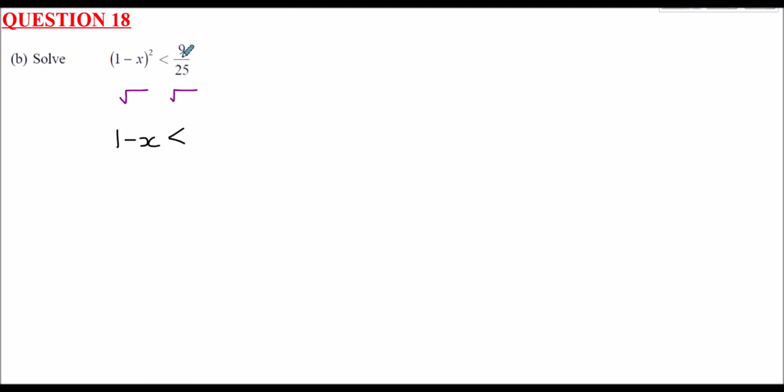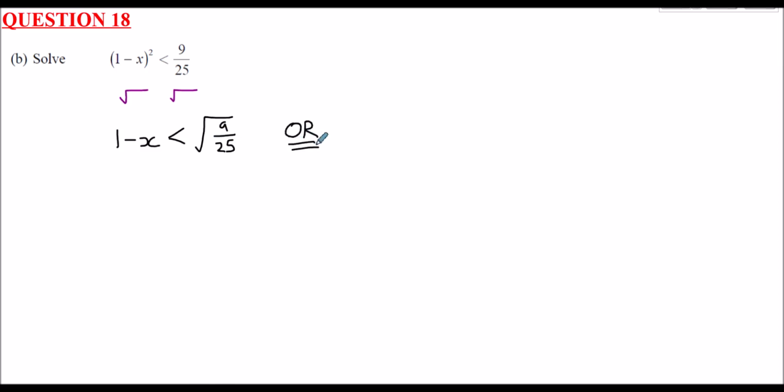Now, because we're square rooting something, we need to consider both plus and minus options. So one possibility is that 1 minus x is the square root of 9 over 25.